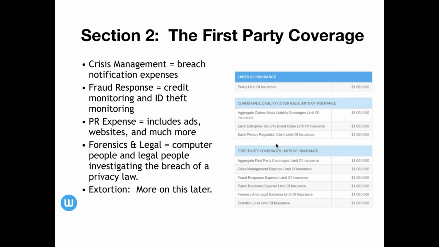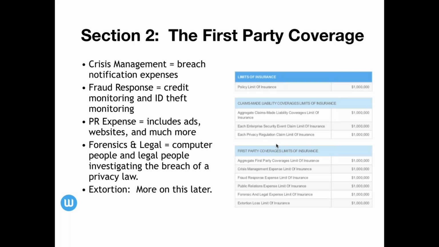To round out the standard first party coverages sections, we have PR expenses, which, believe it or not, can be incredibly high. And that includes advertising to mitigate the loss, websites that must be set up to let customers know that a data breach has occurred and how to respond to it, and much, much more.